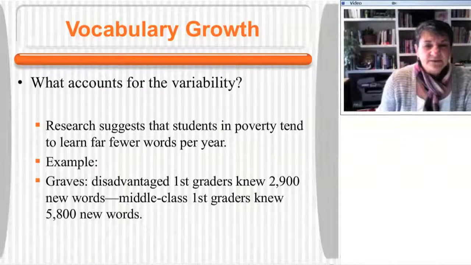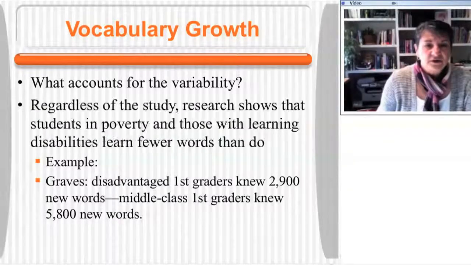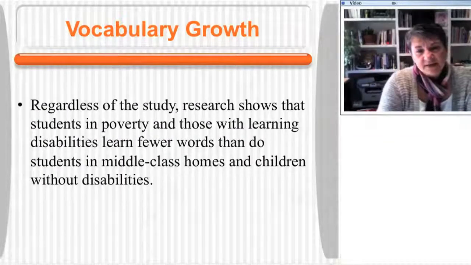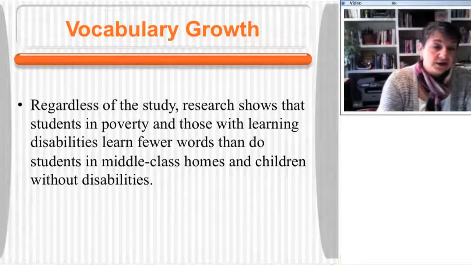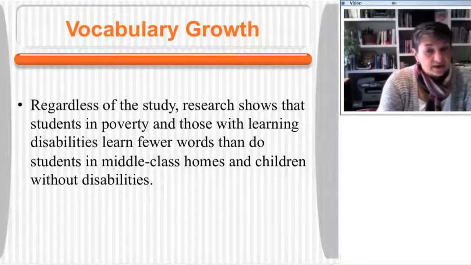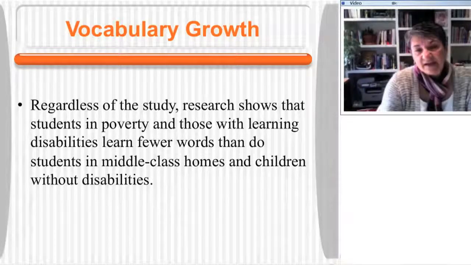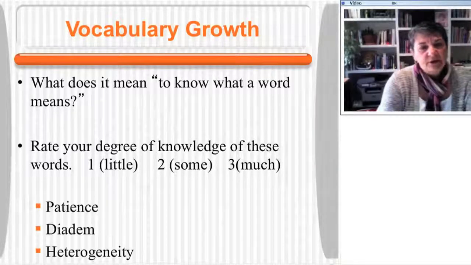So there really is a difference, and we know this from research. Regardless of the study, however, we know from research that students in poverty and also students who have learning disorders learn fewer words than students in more high-achieving homes and children without disabilities. So that's a fact that we really have to take into consideration as we're thinking about vocabulary growth.